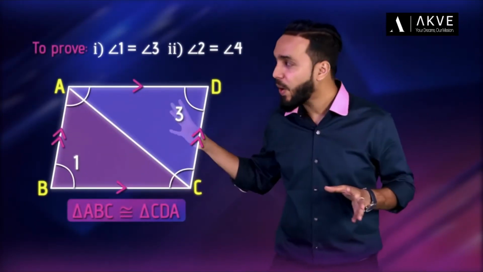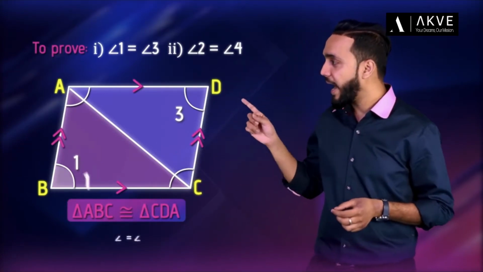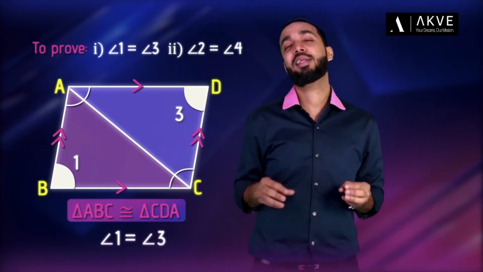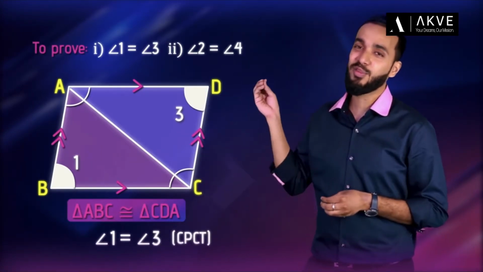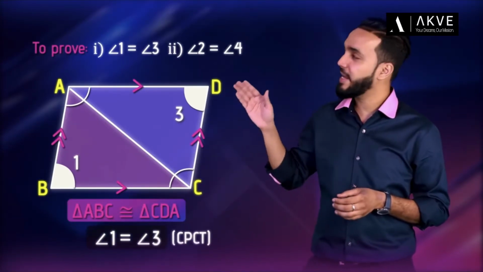And now that the congruence of the triangles is proved, it's easy to conclude that angle 1 is equal to angle 3 because they are actually corresponding parts of congruent triangles. Thus, the first part of the requirement is proved.